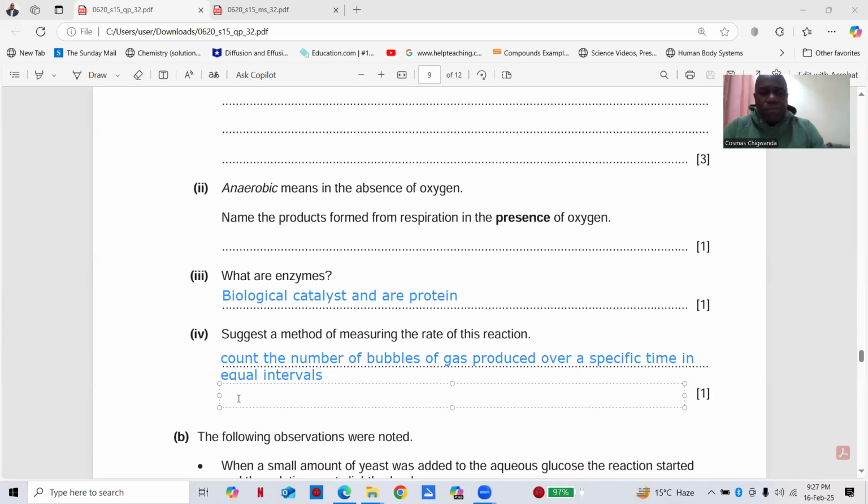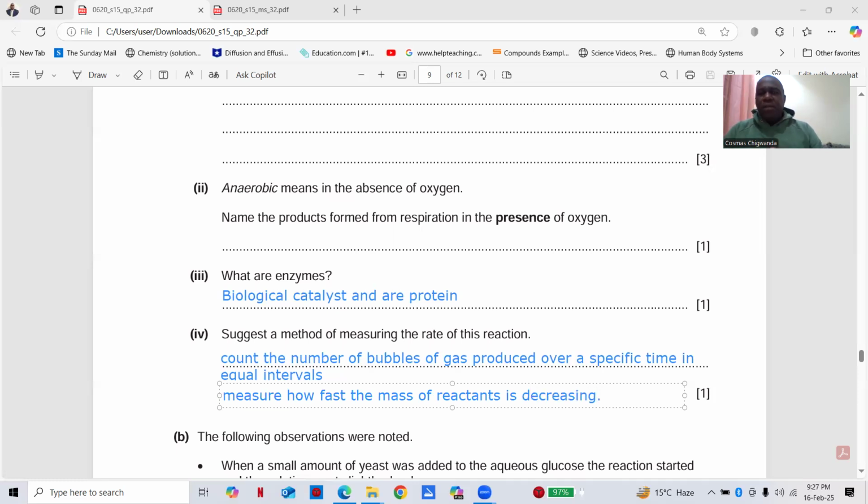So I can actually say, all right, I can measure how fast the mass of reactants is decreasing, okay?